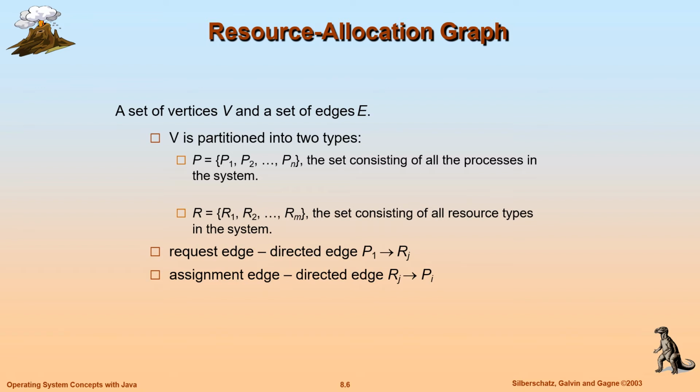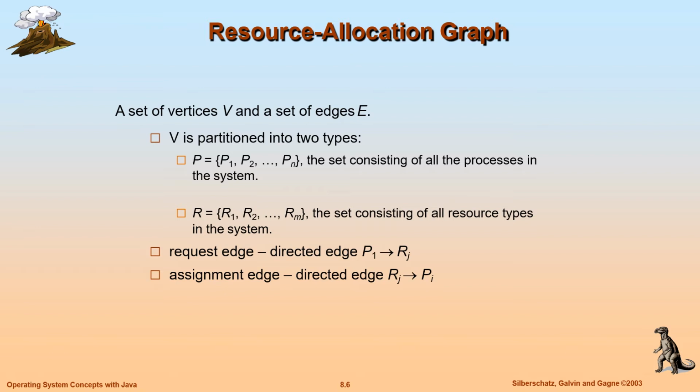These resource types may be CPU, memory, printer; all of these come under resource types. A request edge, a directed edge, means a particular process P1 is requesting a resource type Rj.